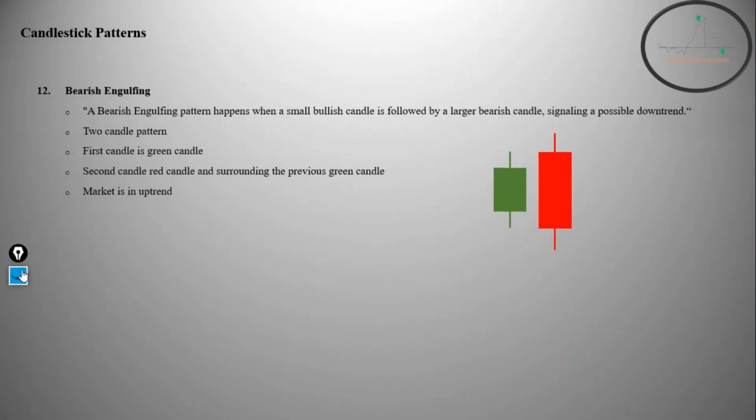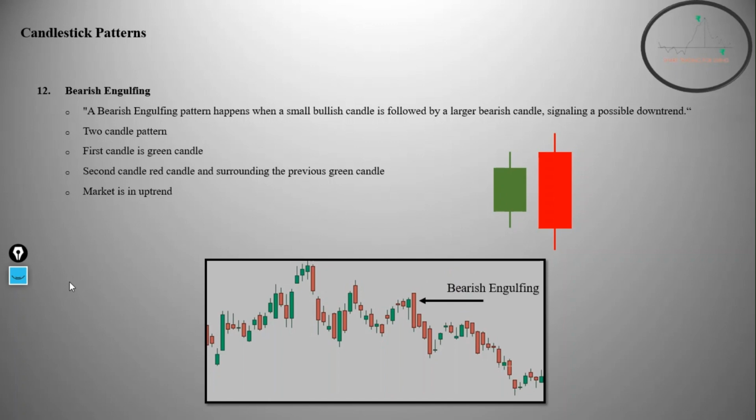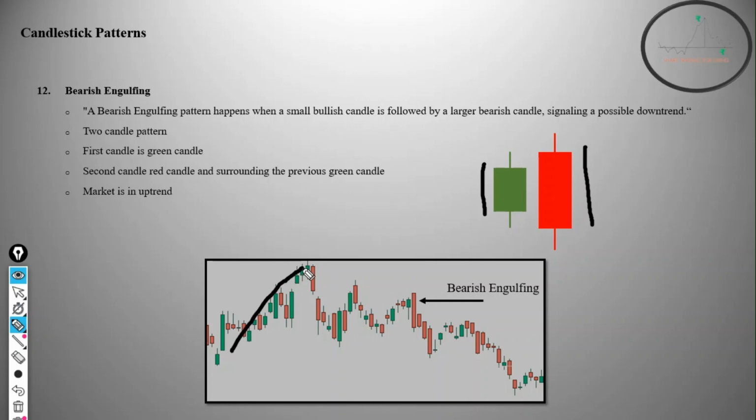The market has to be in an uptrend, right? And this candle signifies trend reversal, and the market was in an uptrend. This candle was green. There was some consolidation here. Then this candle happened and the market found the direction downside, right?